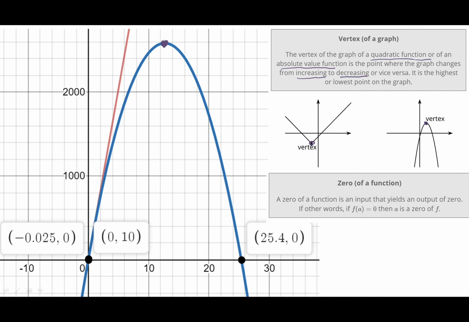So the main one we would care about in this situation, even though you didn't have to solve for it in this lesson, is 25.4 seconds after the cannonball is launched. It has a height of 0, so that means it reached the ground. So f of 25.4 equals 0, that's 25.4 seconds, 0 feet above the ground.